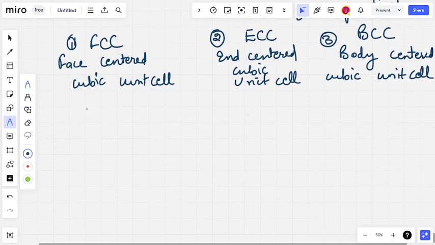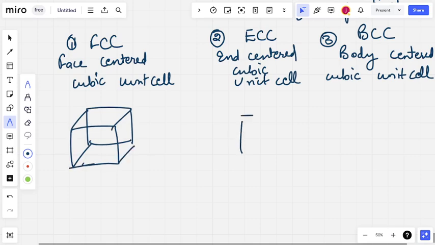In FCC, let's make a cube for all the 3 parts.